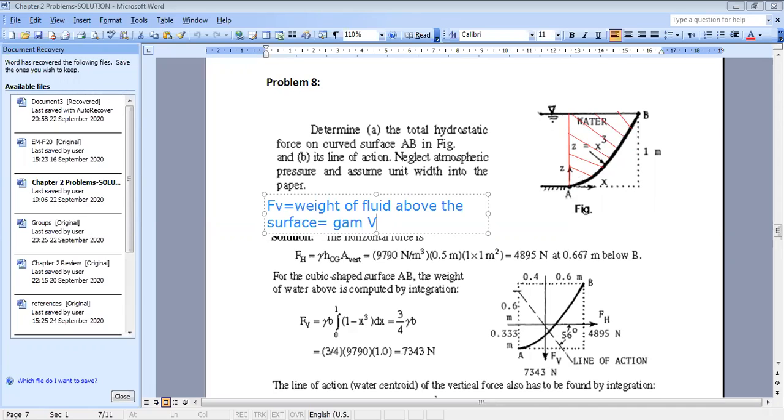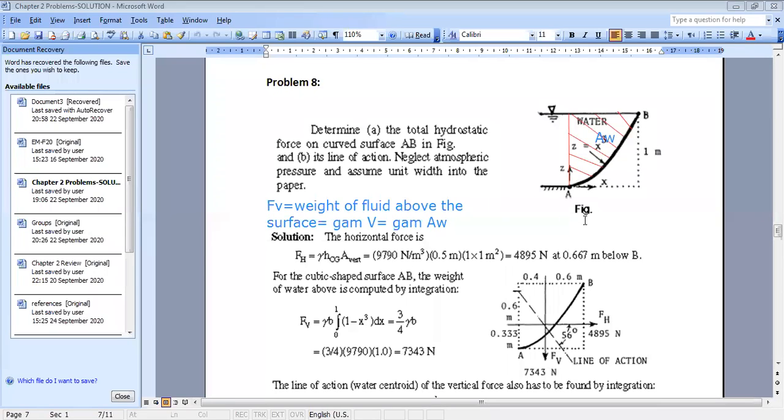Now how to find the volume of this part? First, you have unit width, so it's equal to gamma times this area of water above the surface. This area I will call the area of water, and I want to find what is the area of water.